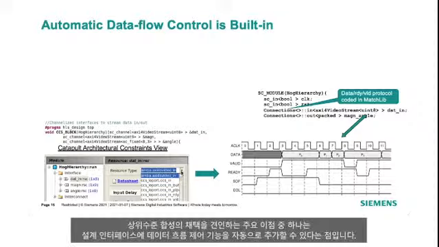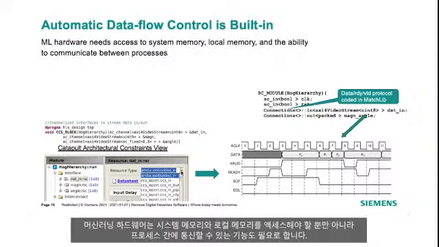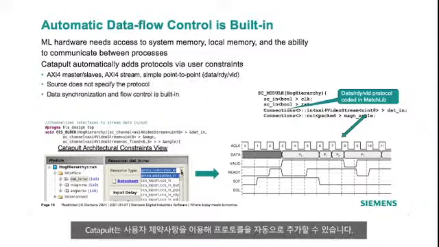One of the key advantages of high-level synthesis that is driving adoption is the ability to automatically add data flow control to the design interfaces. Machine learning hardware needs to access system memory, local memory, as well as needs the ability to communicate between processes. Catapult can automatically add protocols using user constraints.